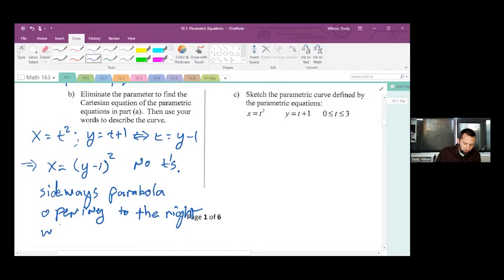And it does indeed have a vertex at 0, 1. Where am I getting that? I'm getting the 0 from the x side, and I'm getting the 1 from the y side.